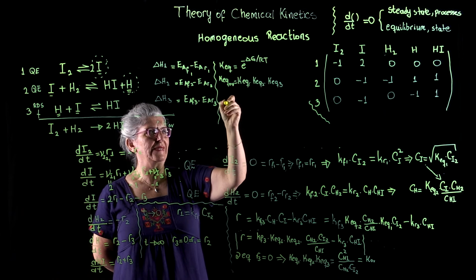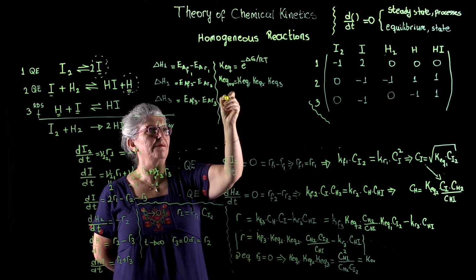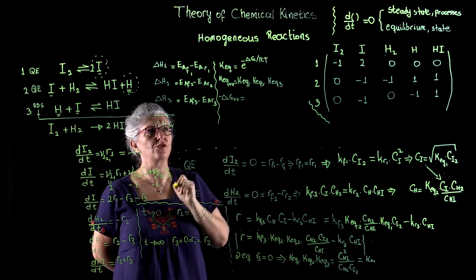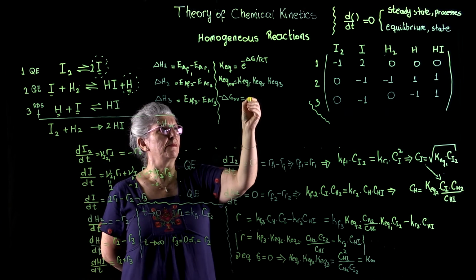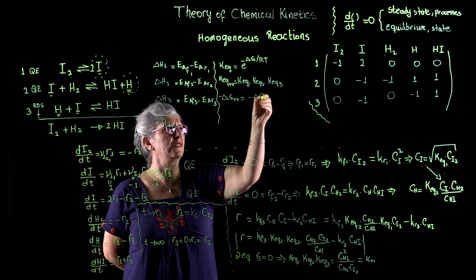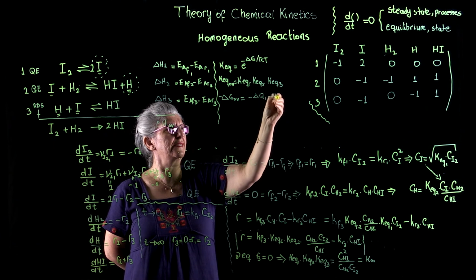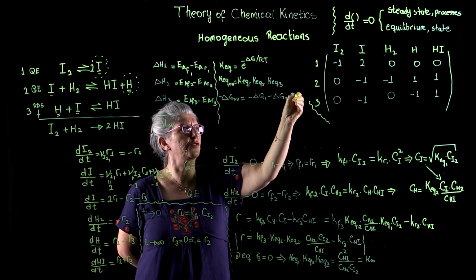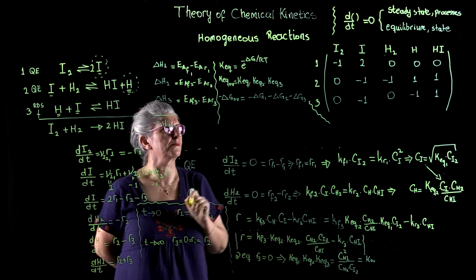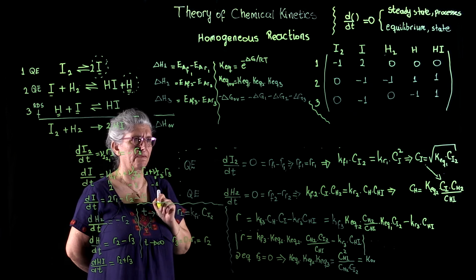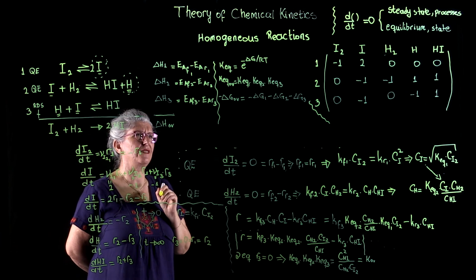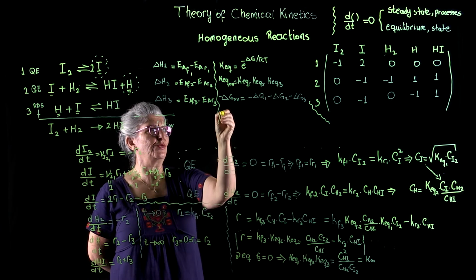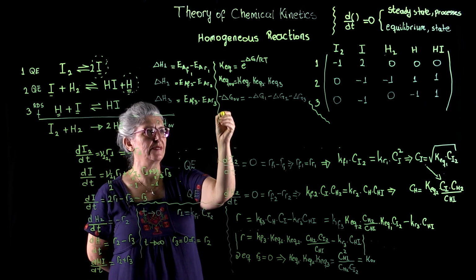So let's do that. Minus delta G overall, then should be equal to minus delta G of 1, minus delta G of 2, minus delta G of 3. Delta G is equal to delta H minus T delta S. So let's substitute that.